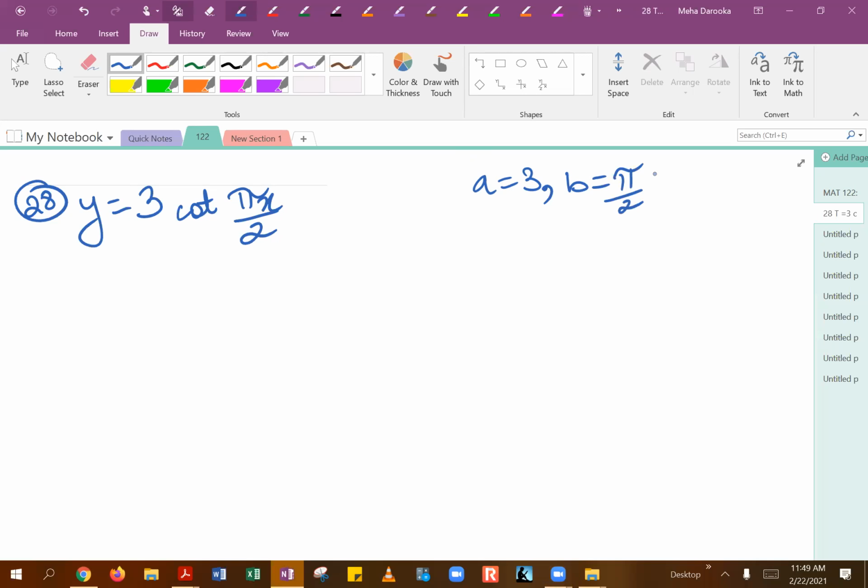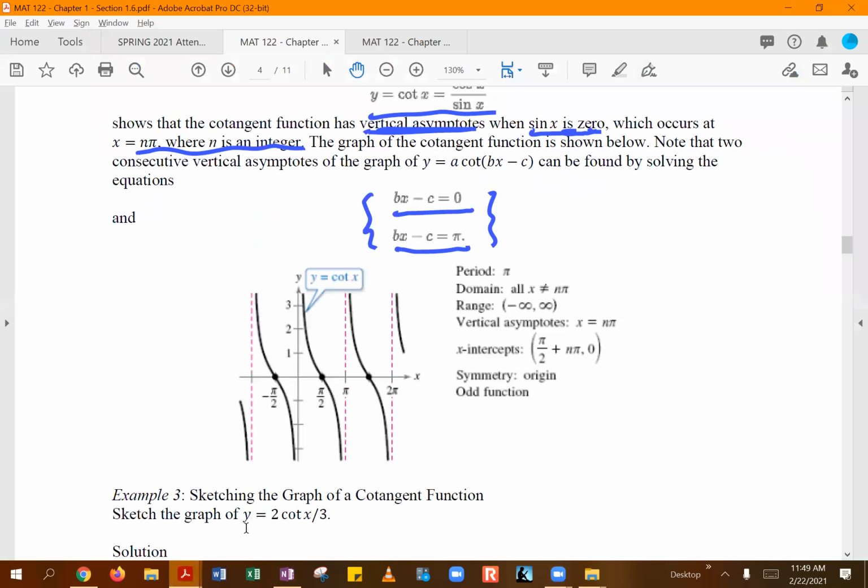So pi over 2. So remember, again, to find our vertical asymptotes, we will take pi x over 2. And remember, this is the cotangent function. So again, just to show you, with cotangent, you're setting it equal to 0 and pi.